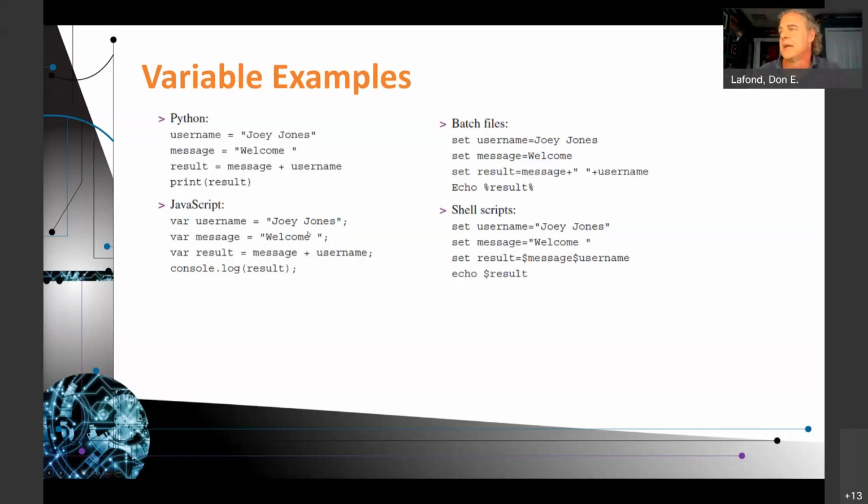Let's see, script. Here we have the same thing. Remember, in JavaScript, we needed a semicolon at the end, and we need var at the beginning saying they're variables, and then console log, and then the result. The reason why it's result, by the way, is because we set the variable result.